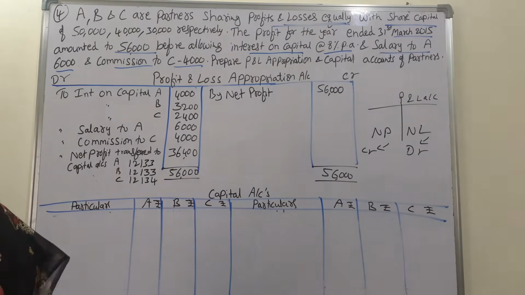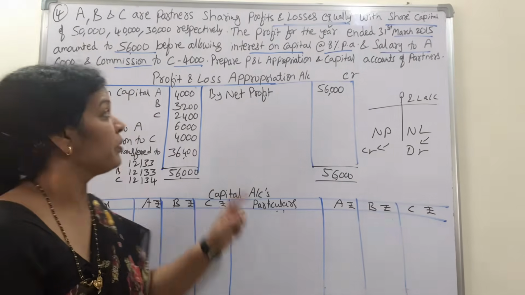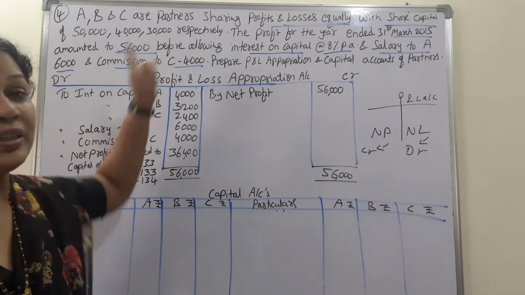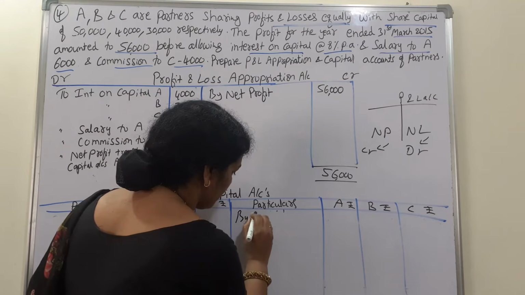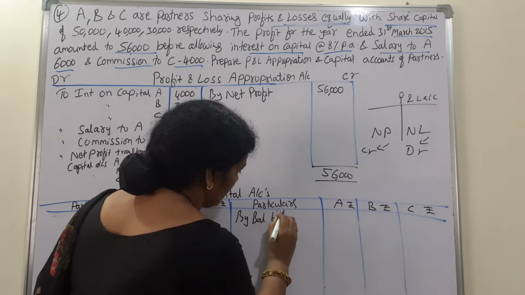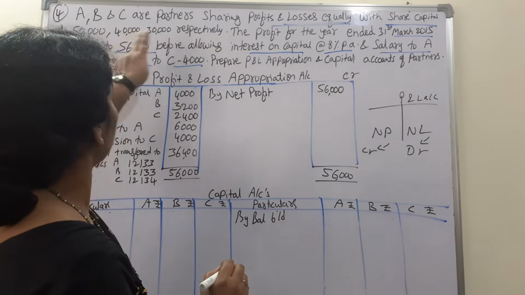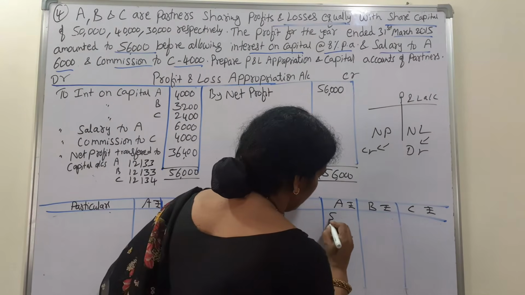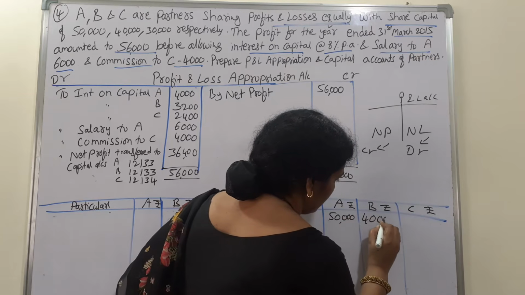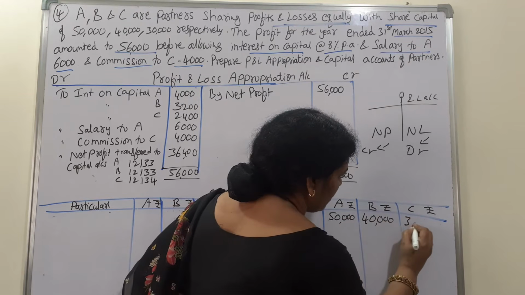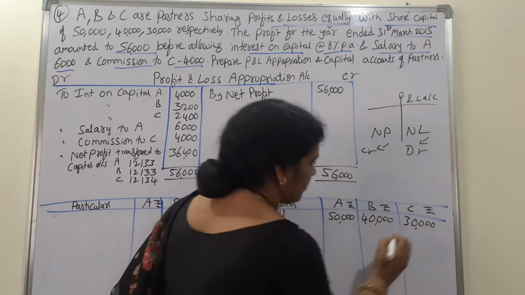Now the capital account. We'll start with the capital amount. Capital amount is 50, 40, 30. What do we write? By balance brought down: 50,000, 40,000 and 30,000.